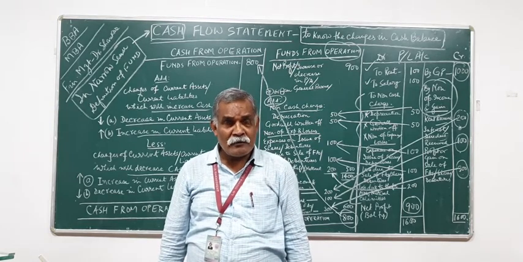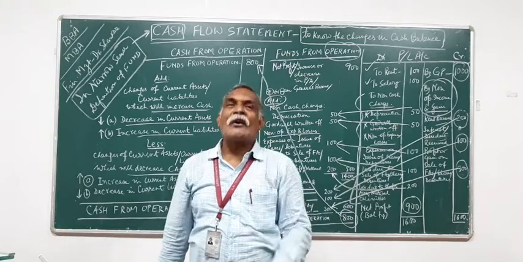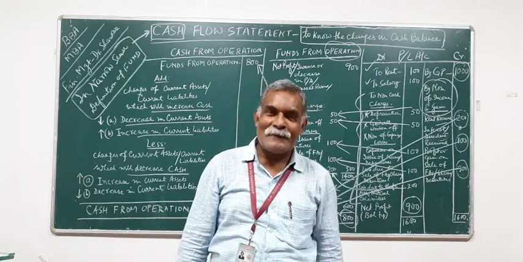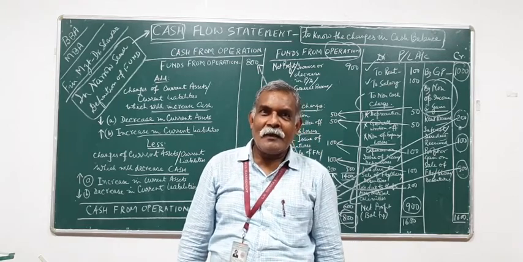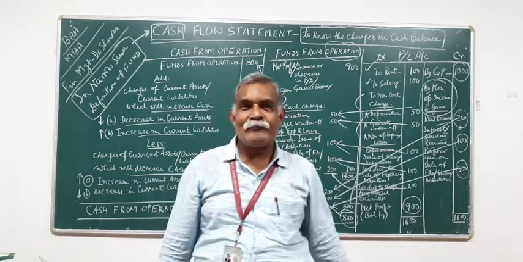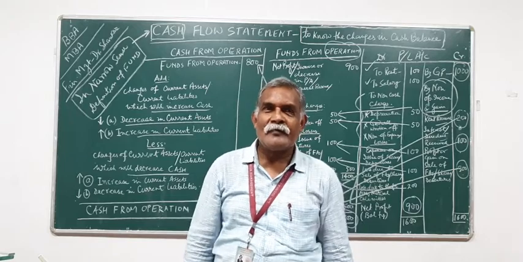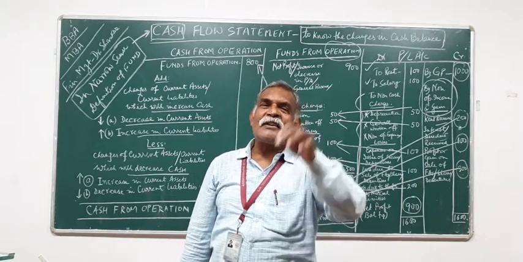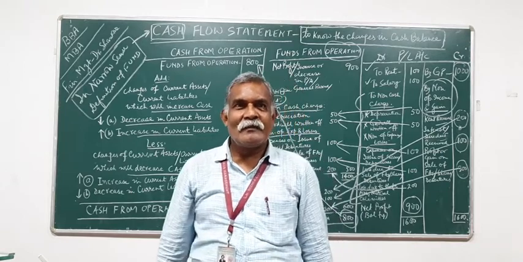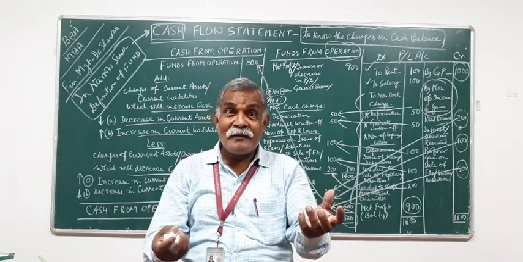Am I wrong? Let's see, take one example. Suppose the stock in 2019 is 10 rupees, and in 2020 the stock is 20 rupees. How did it become 10 to 20? What did you do?